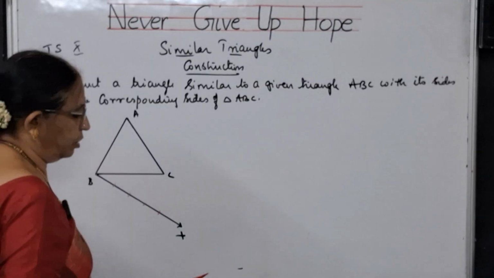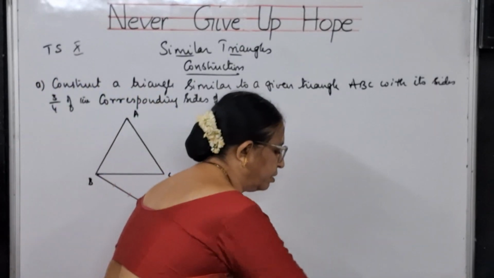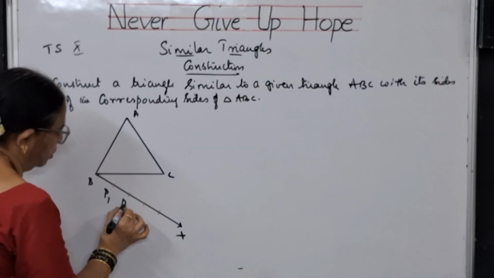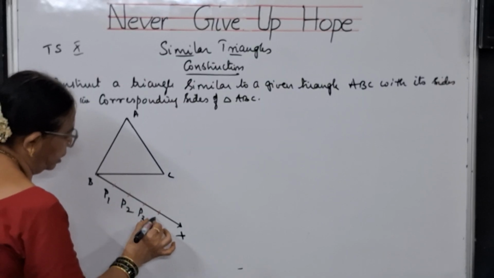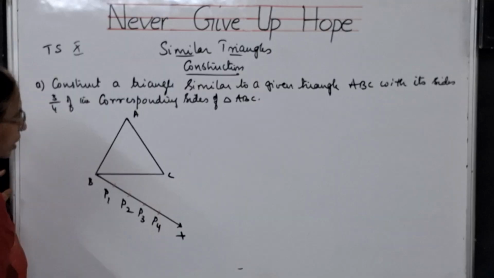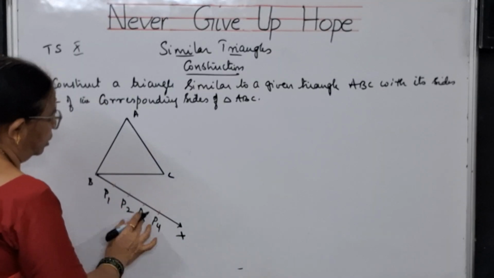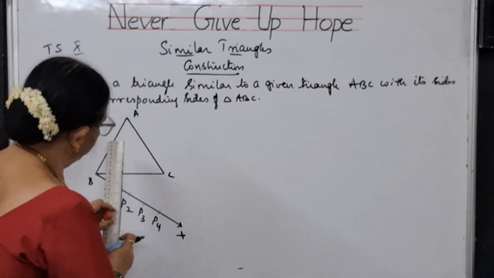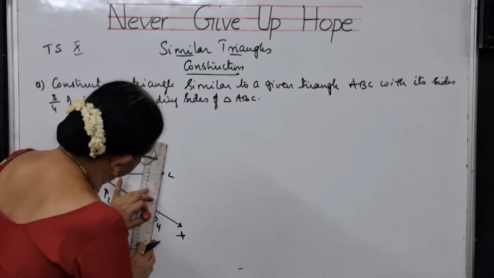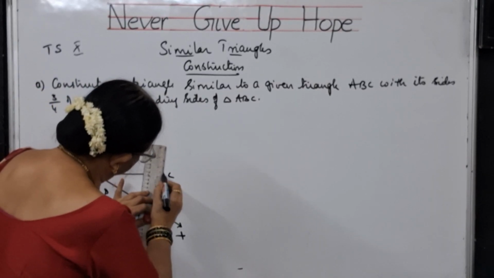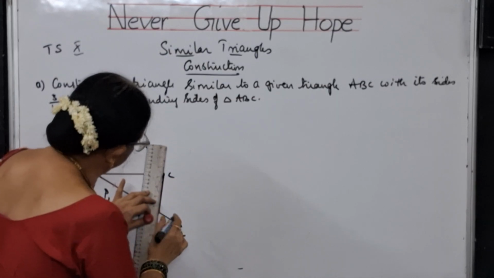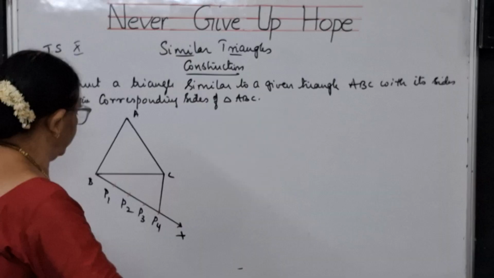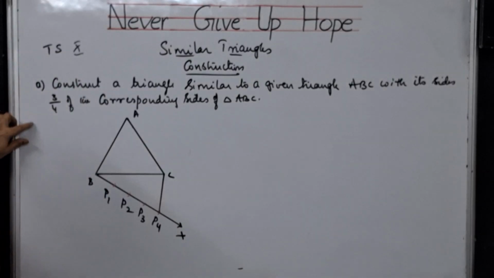So I have taken 4 arcs with the help of the compass, so that I am getting P1, P2, P3, P4. After getting 4 points in this way, first we need to join P4 and C. P4 and C you have to join. After joining P4 and C, it is 3 by 4.